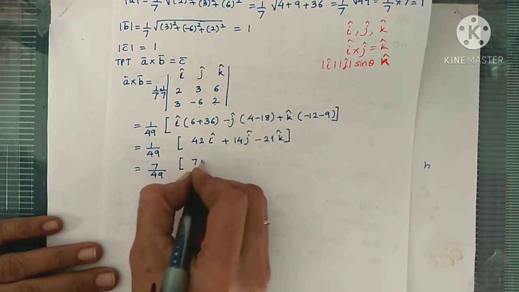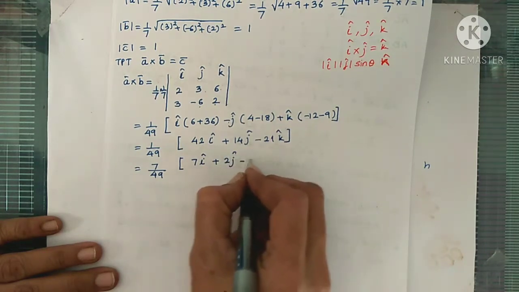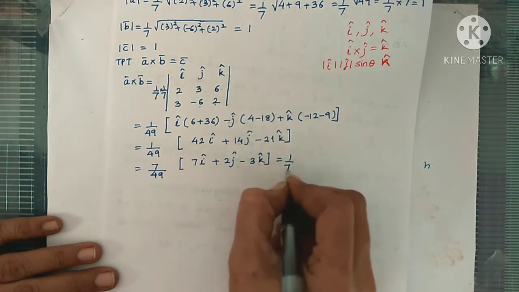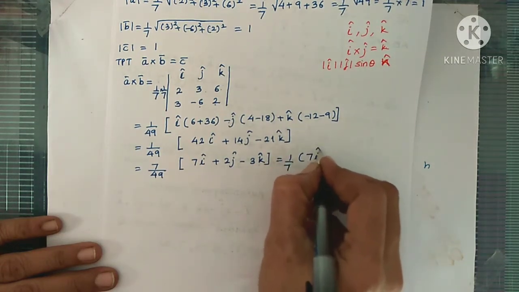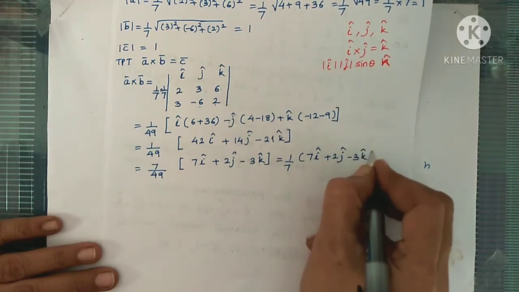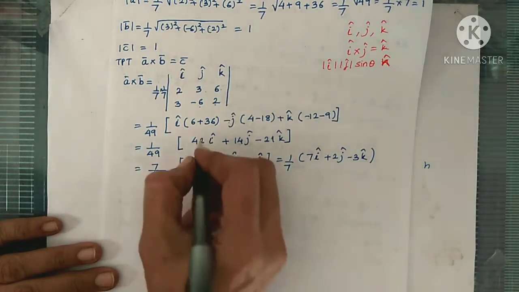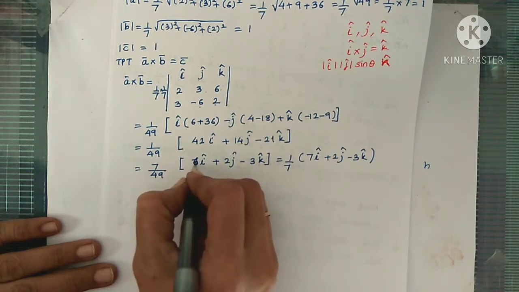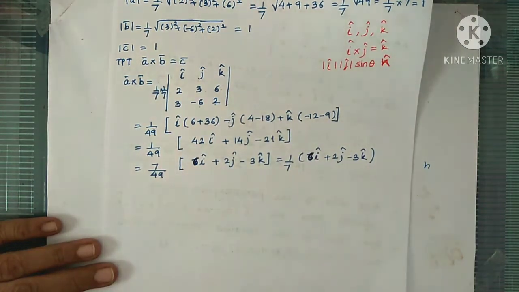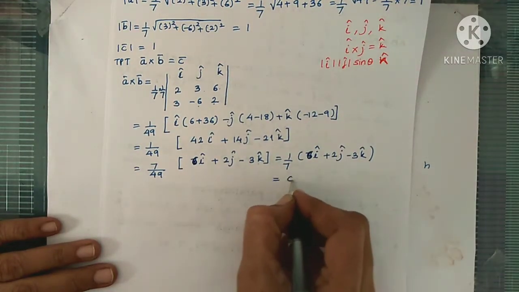So taking 7 common, here we get 6 i cap plus 2 j cap minus 3 k cap, so it is 1 upon 7 into (6 i cap plus 2 j cap minus 3 k cap). Sorry, we have taken 7 common, so it should be 6 here. So 6 i cap plus 2 j cap minus 3 k cap, so that is given C bar.